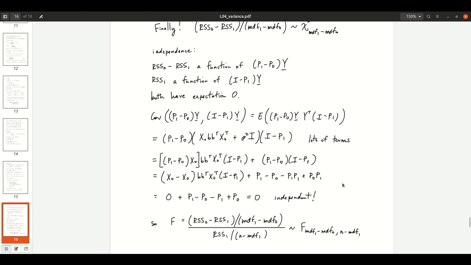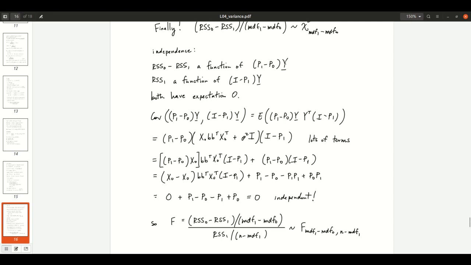Now, let's look at each of these two things. In the numerator, we have RSS 0 minus RSS 1. This is a function of (P1 minus P0) y. The reason for that is you can write y transpose (P1 minus P0) y as y transpose (P1 minus P0) times (P1 minus P0) y.